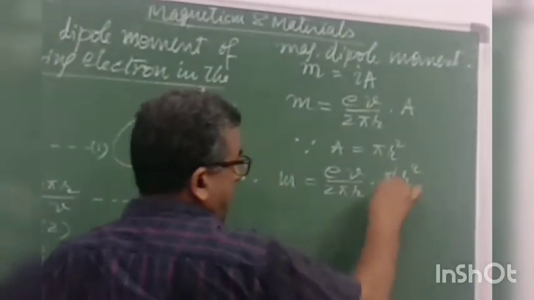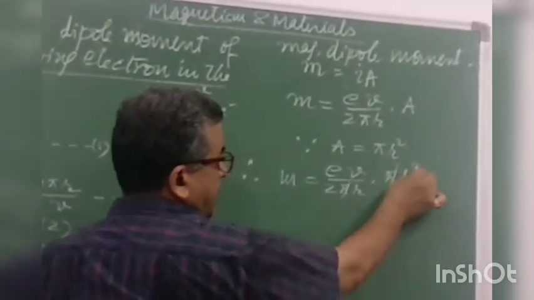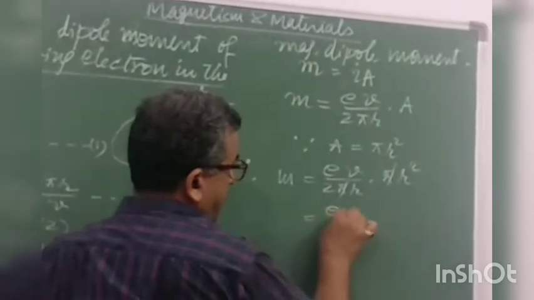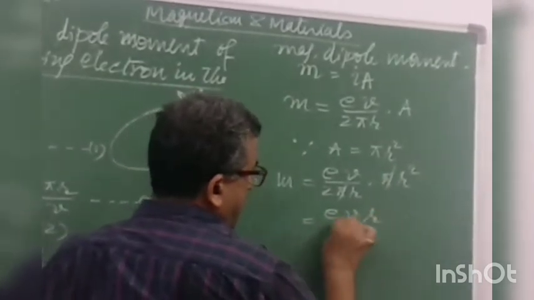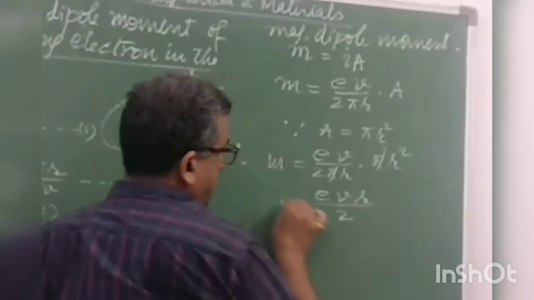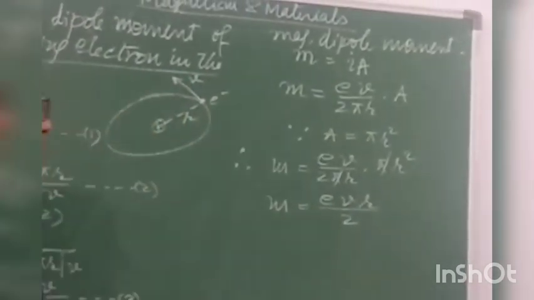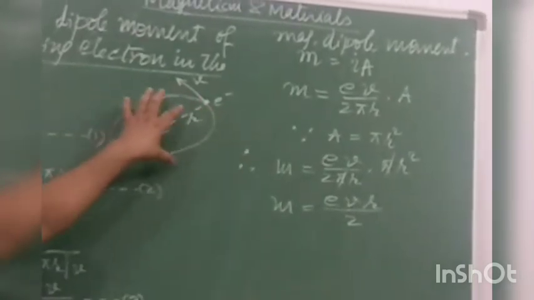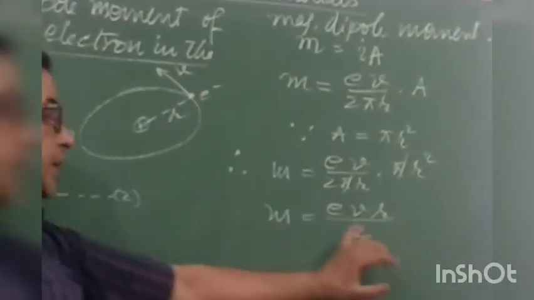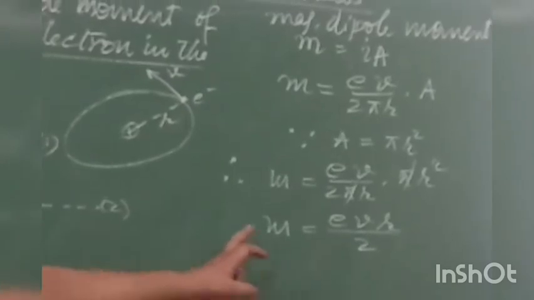So pi and pi cancel, one r cancels, so it is evr upon 2. So this is the magnetic dipole moment of an orbiting electron in the atom.